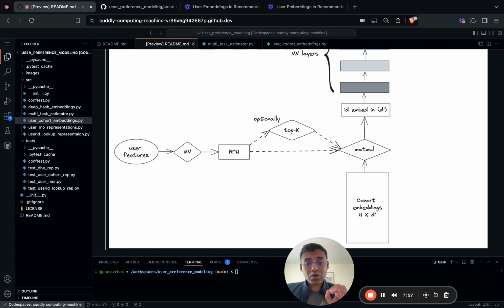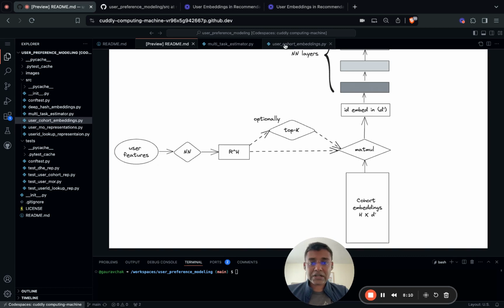If you want to set up some sort of incentive for these cohorts to be distinct, remember dropout actually is not an incentive. It prevents this. It makes sure that some clusters are similar to other clusters. So it's a little bit of a generalization in that sense. But if you want to incentivize your cohorts to capture different things, you can always try to have a loss that captures how similar these cohort embeddings are.